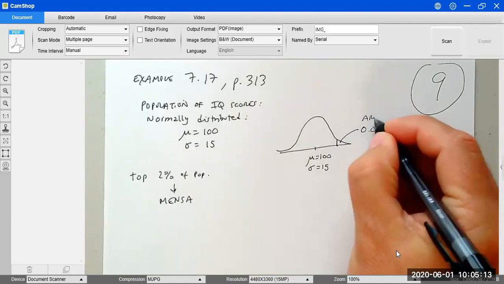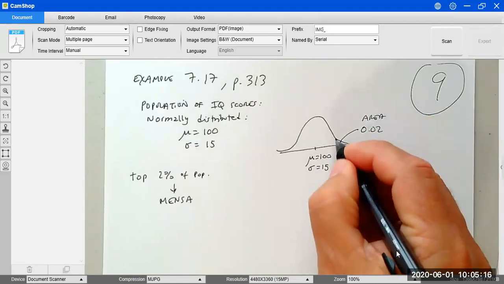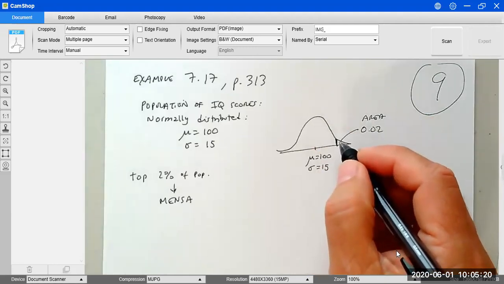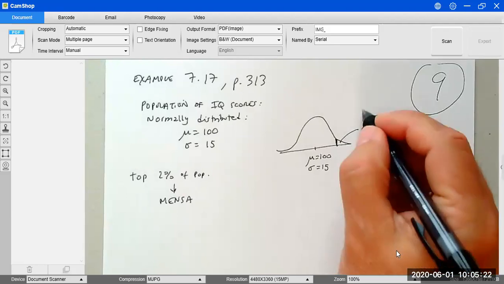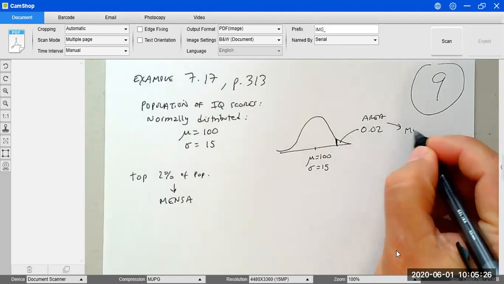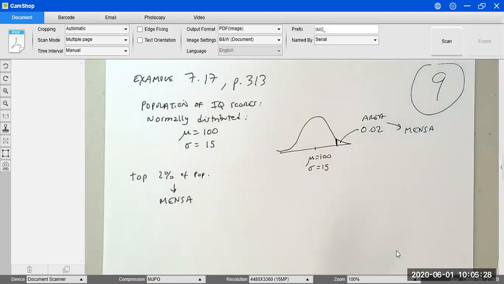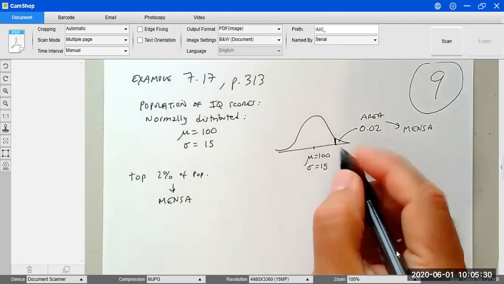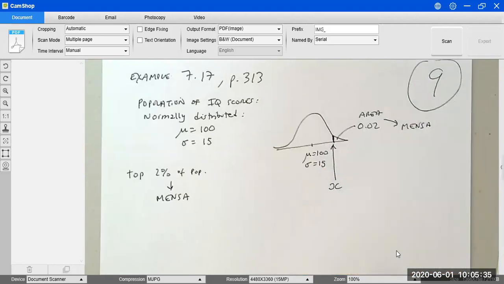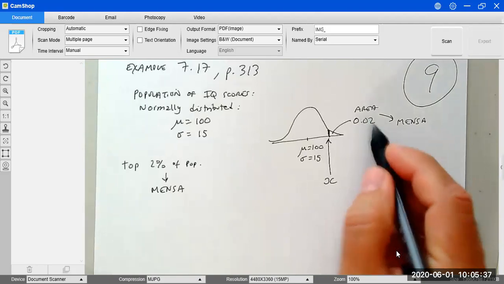This is the area. This is the proportion of the population that can get membership with Mensa. So they are going to be able to belong or to get a membership with Mensa. So we want to know this value of x. What is this value of x given an area to the right?